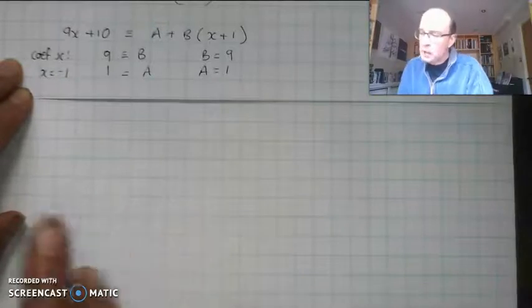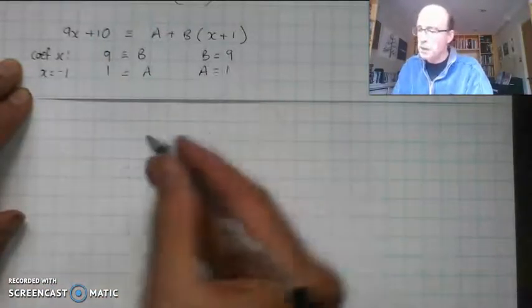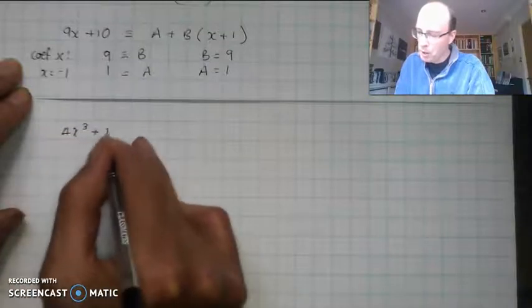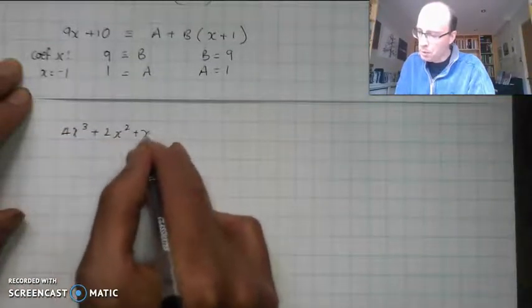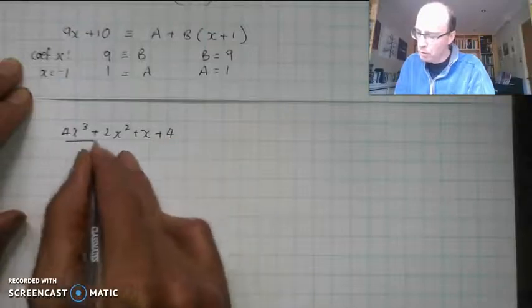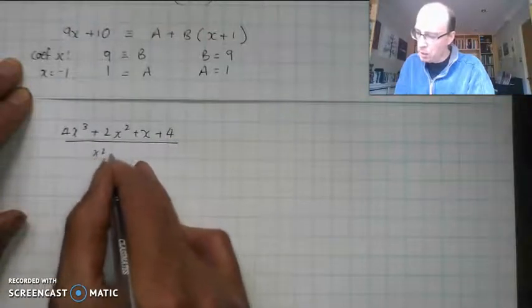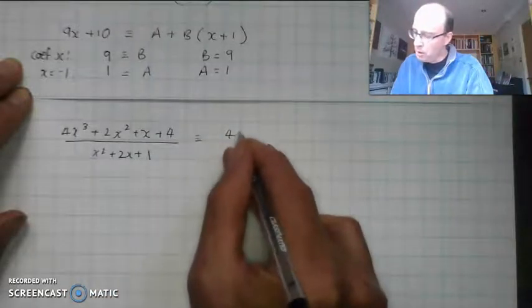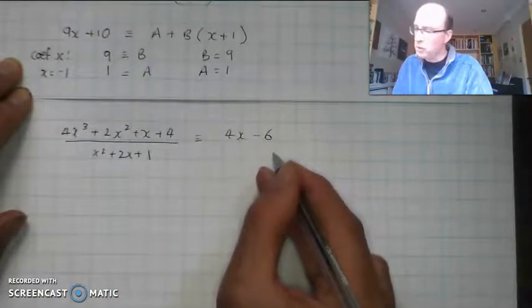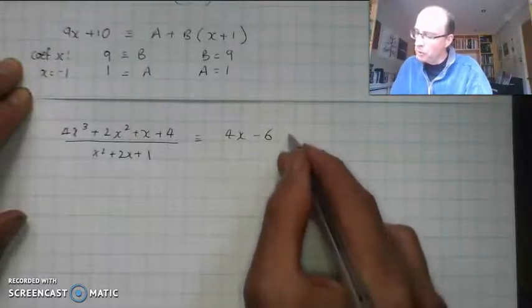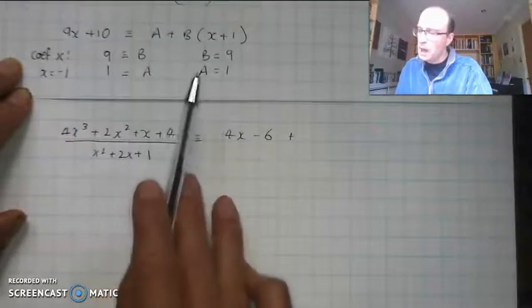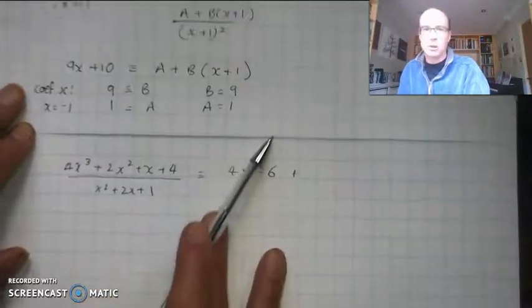Okay. So I then need to just recap and put that back into my expression. What we've got so far is 4x cubed plus 2x squared plus x plus 4 all divided by x squared plus 2x plus 1, which was equivalent to 4x minus 6 plus 9x plus 10 divided by x squared plus 2x plus 1.